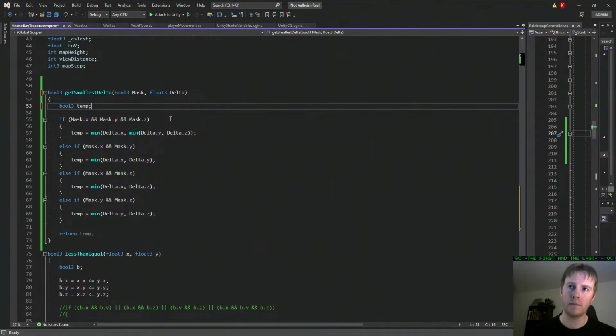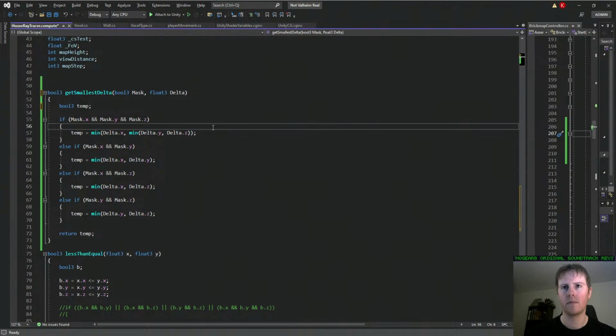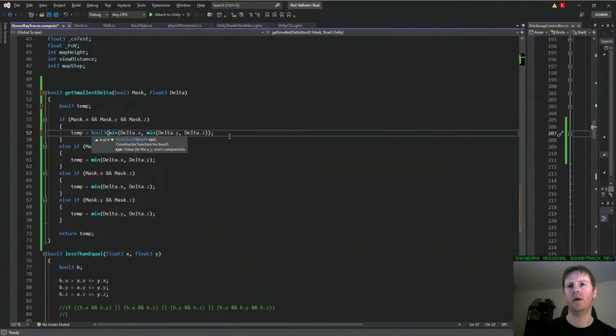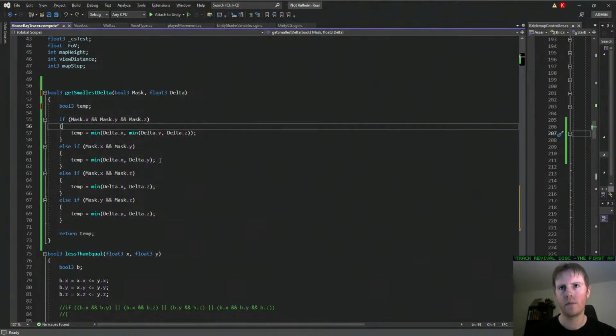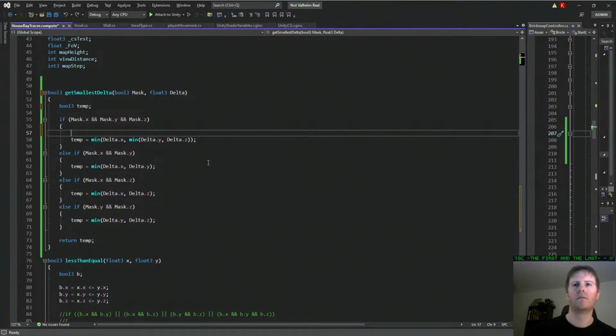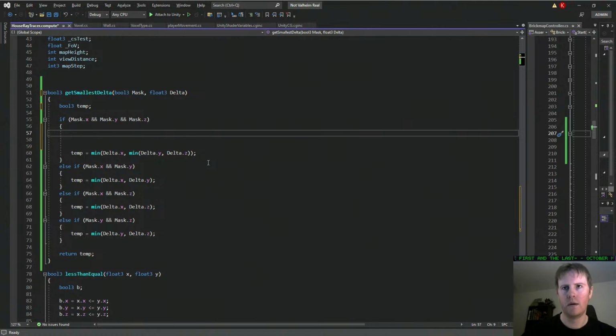And if all 3 is true, then we do temp equals bool3. I don't know a smart way of doing this.